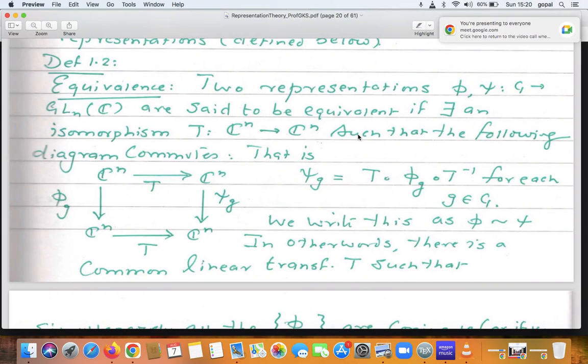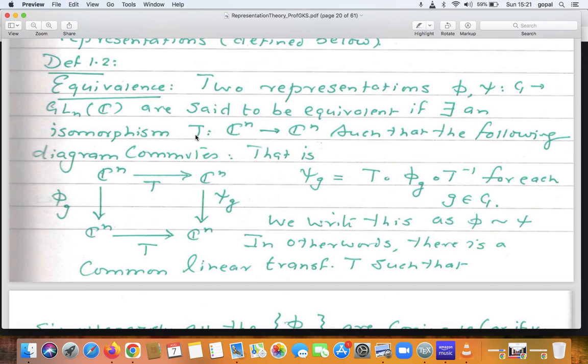Here, when are two representations said to be equivalent? Two representations phi and psi. So first, let us look at representations. Let us take the vector space to be Cn. So we got two representations, phi and psi, from G to GLn(C). The vector space is Cn, and so the invertible linear transformations from Cn to Cn are denoted by GLn(C).